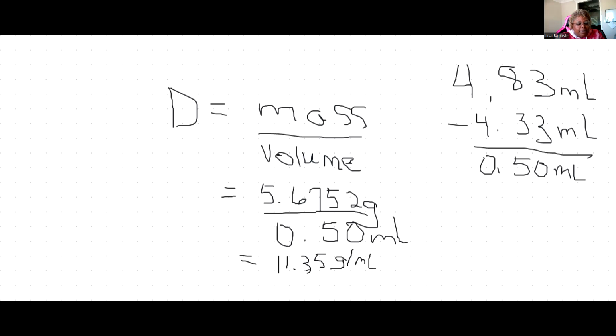But for this lab, because we are doing 3 trials, I suggest that you don't do your final rounding until the very end, okay? So you want to keep, I would say, a couple of decimal places for your densities. And then when you do the average density for your 3 trials, then you can do your rounding at the very end.